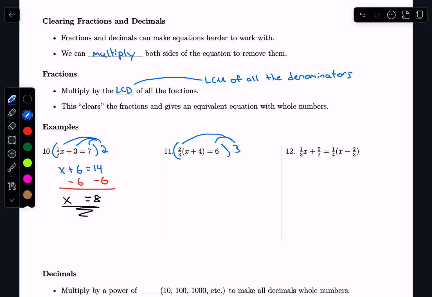So now an important distinction about what a term is. Notice that I only drew lines from the 3 to 2 spots, the 2/3 and the 6. So the entire thing, 2/3 multiplied by x plus 4, this is one term. Okay, because if we were to distribute the 2/3 first, we would have 2/3 x plus 8 over 3, and then we would multiply both of those by 3.